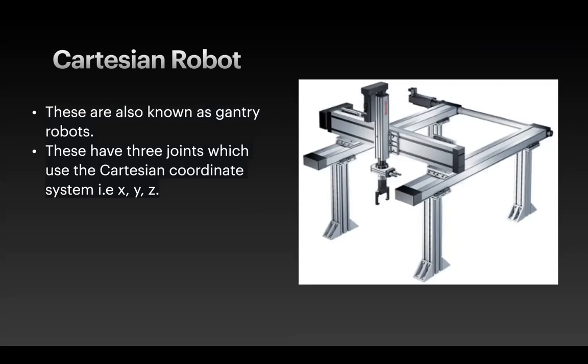So a 3D printer is not a robot, but it has almost all the components of a Cartesian robot. These robots are known as gantry robots as well. So this point can move backwards and front and to the left and the right, as well as up and down. Let's say there's an object here.